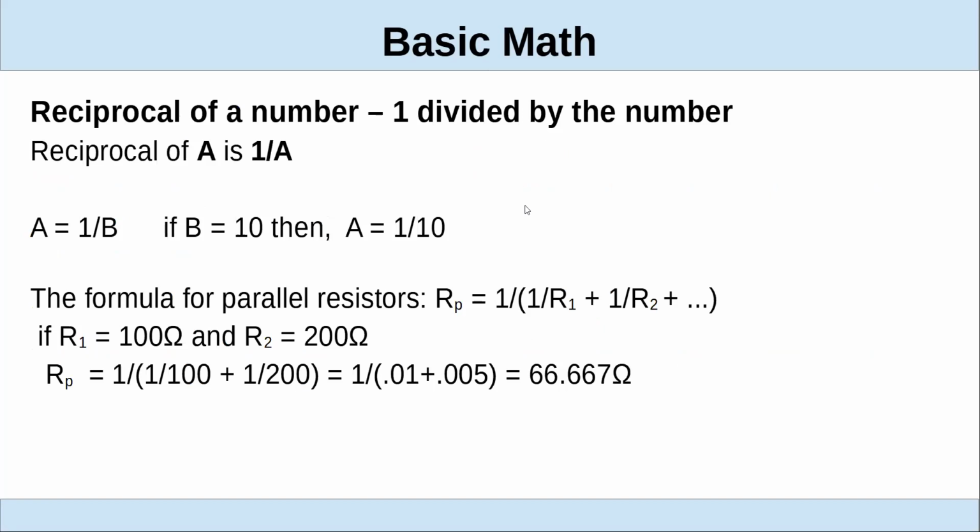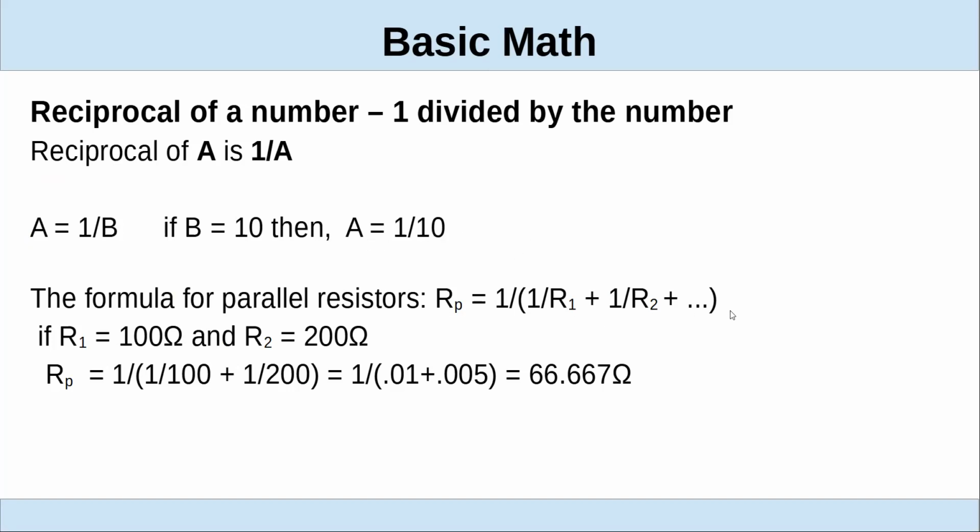Okay, reciprocals. Now, use these quite a bit. It's essentially the 1 divided by the number. So reciprocal of A is 1 over A. So if B is 10, then A is going to be 1 over 10.